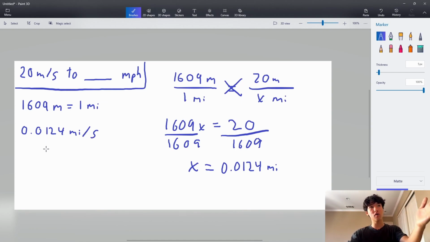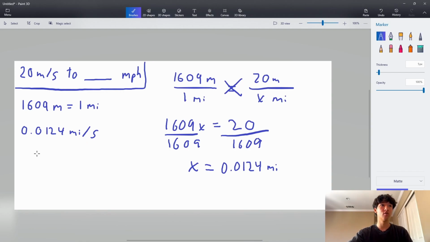So we're going this many miles in 1 second. In an hour, we're going to go more miles. So that's why we're going to multiply in this scenario. First, let's just go to minutes. So we're just multiplying this by 60, right? But also remember in the last one, if we multiply by 60, we get minutes. We multiply by 60 again, we get hours. 60 times 60 is just 3,600.